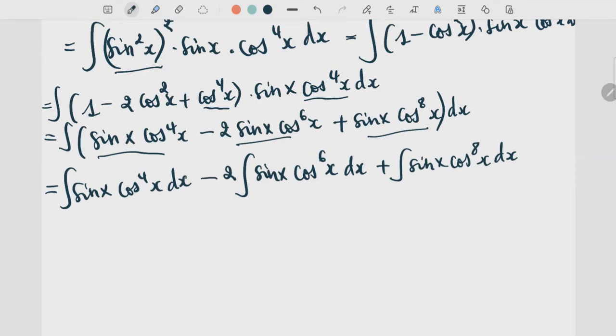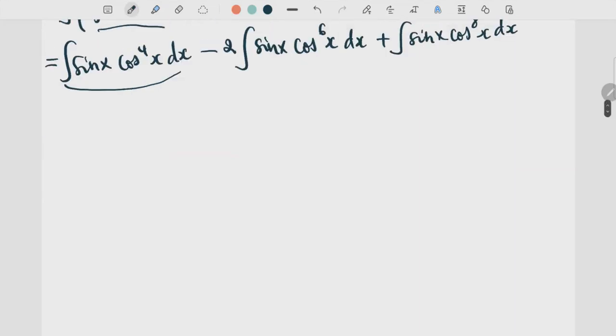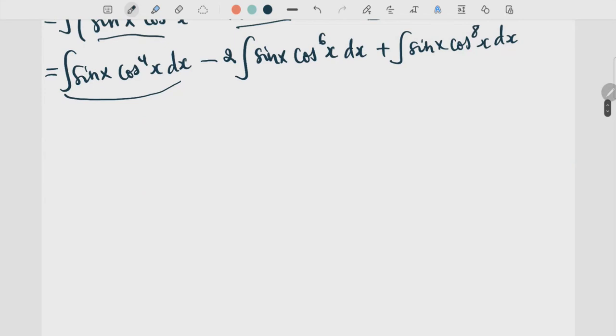So for the first one, we can use u-substitution: let u be equal to cos x. Our du is therefore negative sine x dx.